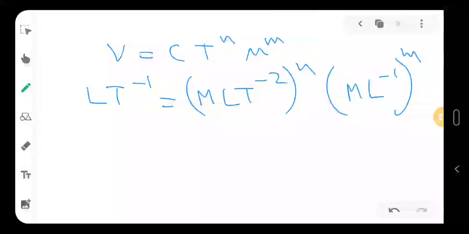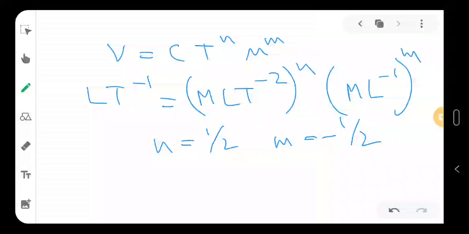So if we just compare them, I will get some value, whereas my n will be 1 by 2 and my m will be minus 1 by 2. So if we put the values right there, I can directly write that v is equal to some constant times root over T by mu.